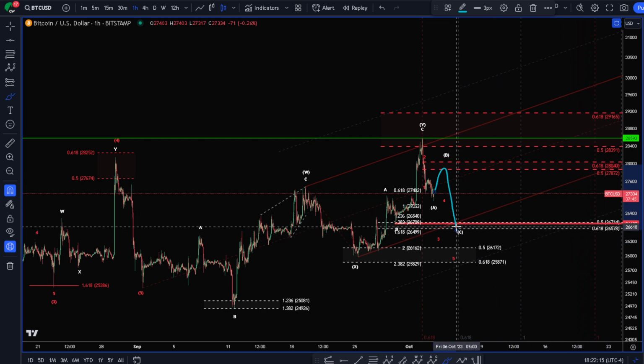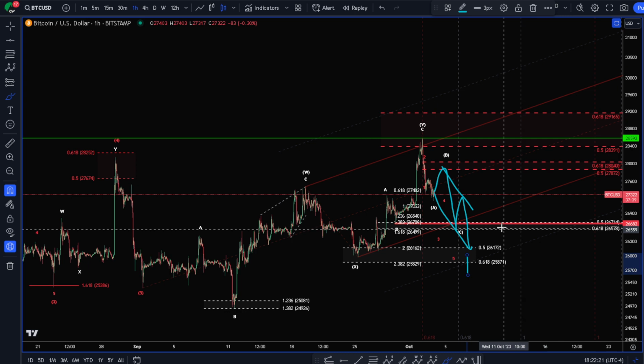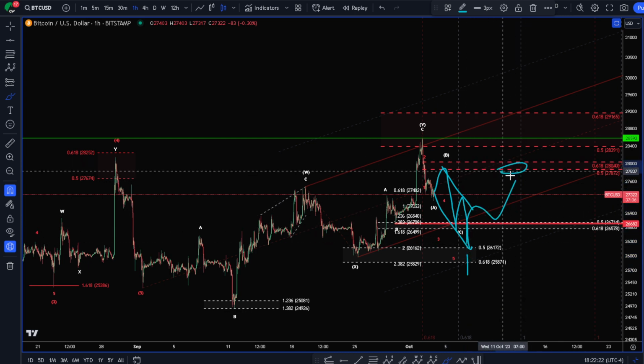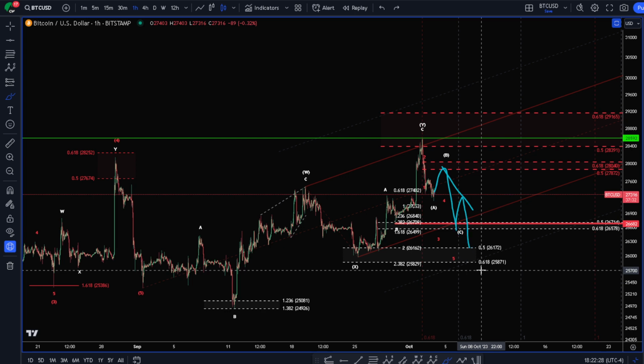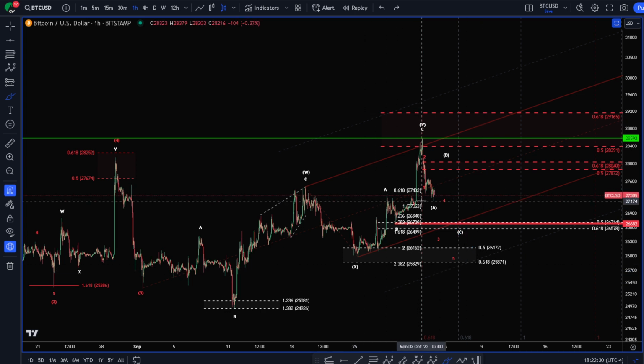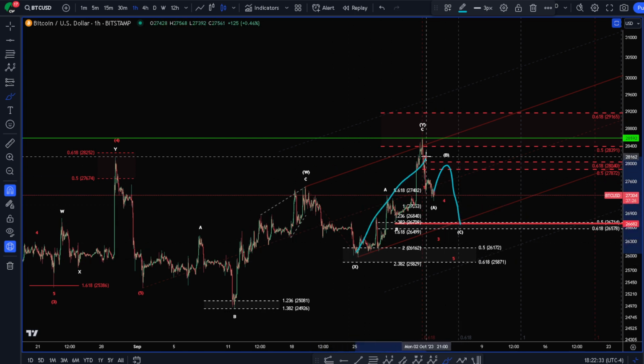And where that leaves us is the open possibility that this can be a leading diagonal as a wave 1, like so, come up for our 2, then go to the downside. But it also leaves us open to the possibility that this correction here isn't done.